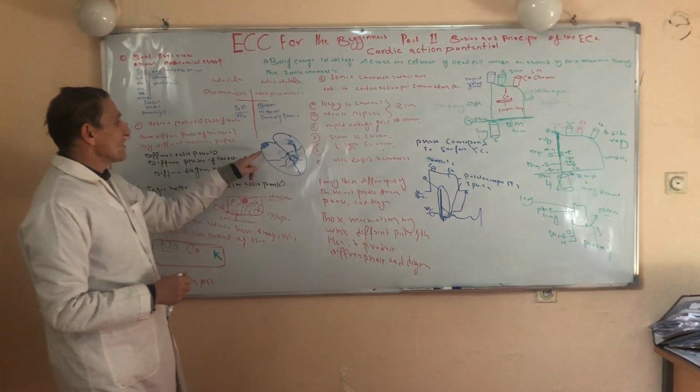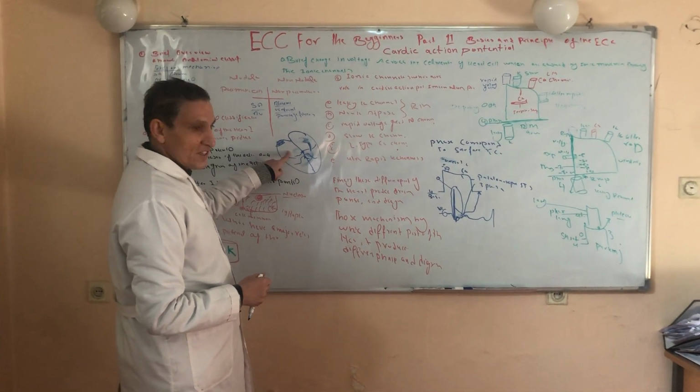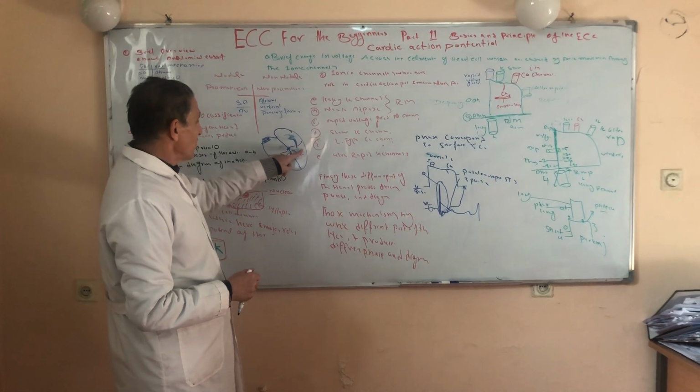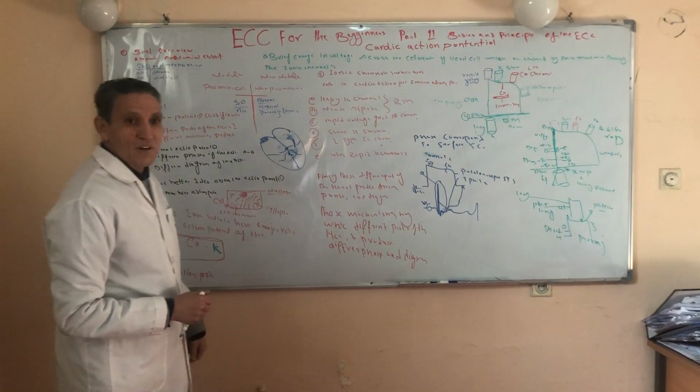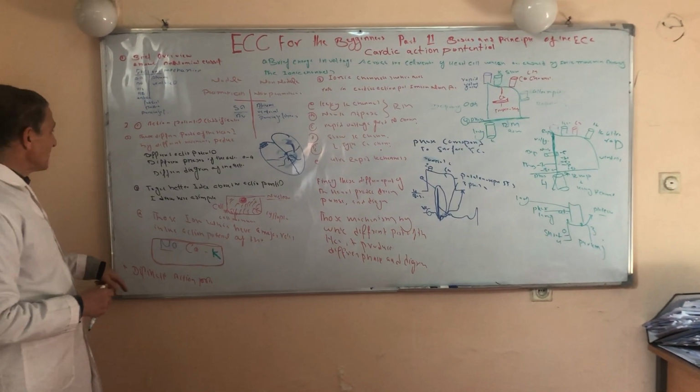These different parts of the heart include the SA node, which has its own action potential. Atrial cells have their own action potential diagram. The AV node has its own action potential. Ventricular cells have their own action potential, and Purkinje fibers have their own action potential.